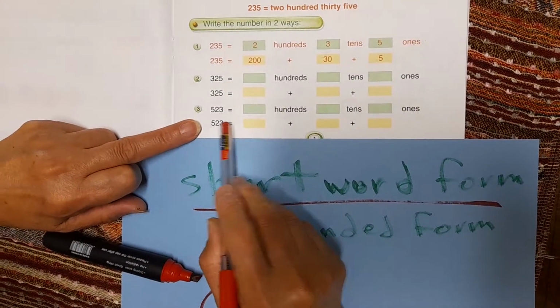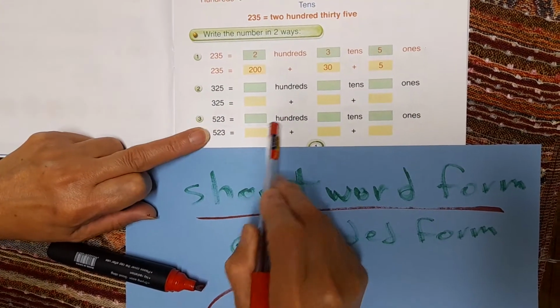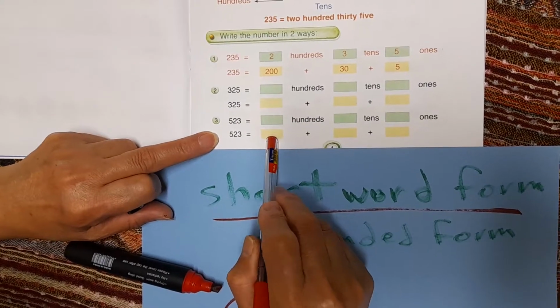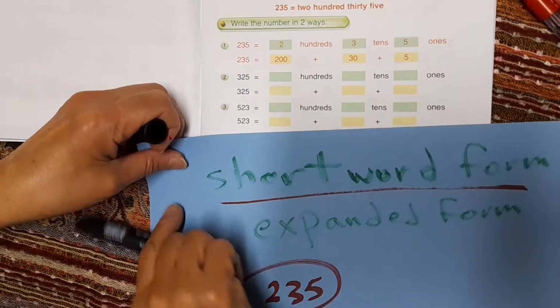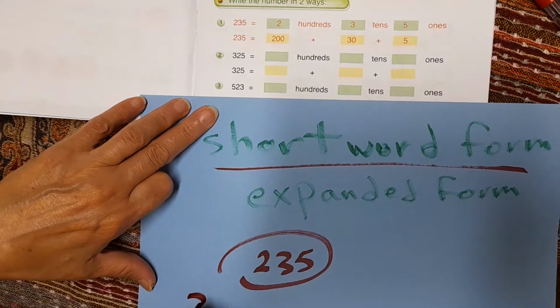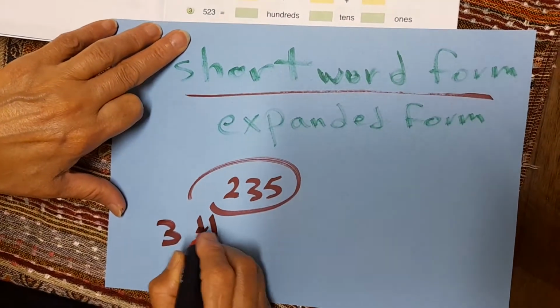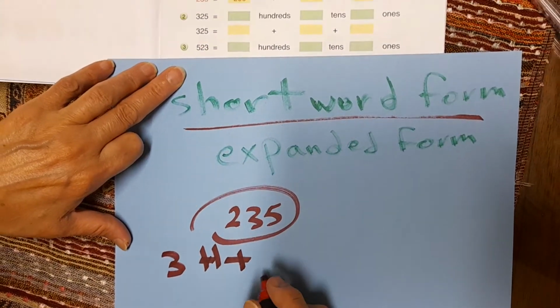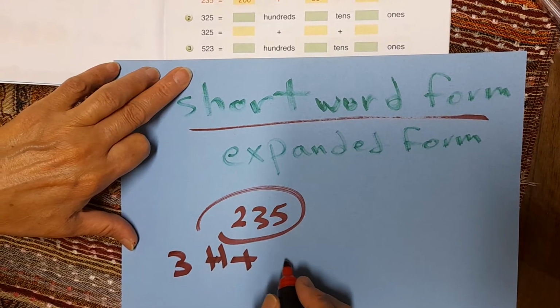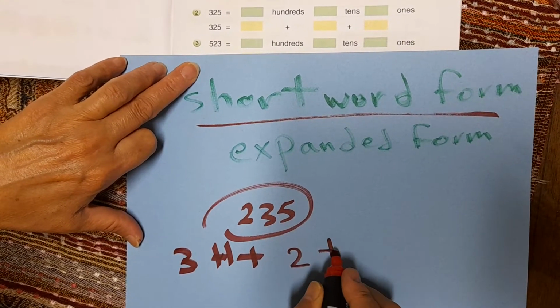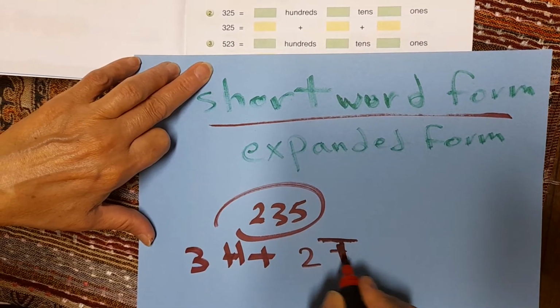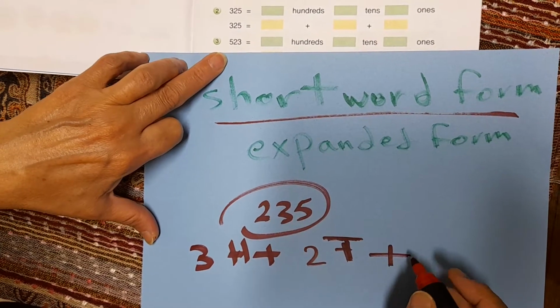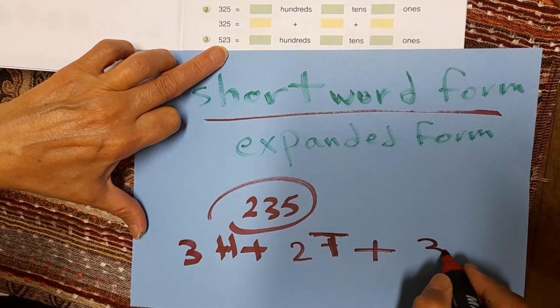Expanded form means instead of 500, you give to the 5 2 zeros. So it will be 500 plus 2 tens plus, how many ones? 3.